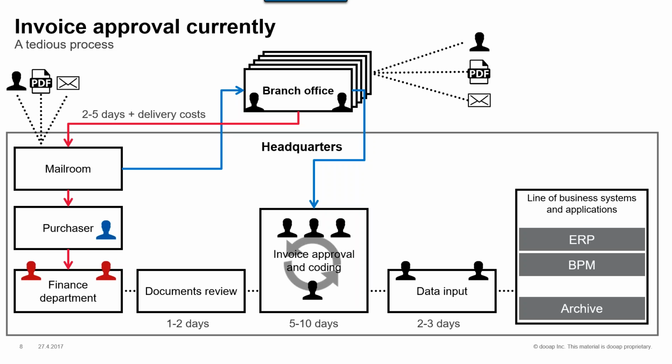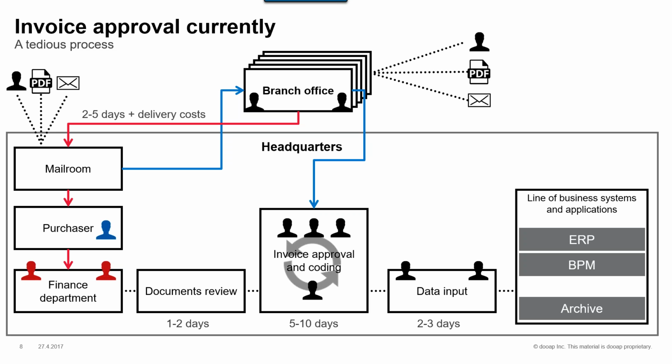Okay, thanks, Arnold. Let's now go to the actual world of AP automation, and let's start by bringing the current reality of the invoice approval process into our minds. Here's a picture which illustrates perhaps the reality in many of the companies in the US currently.